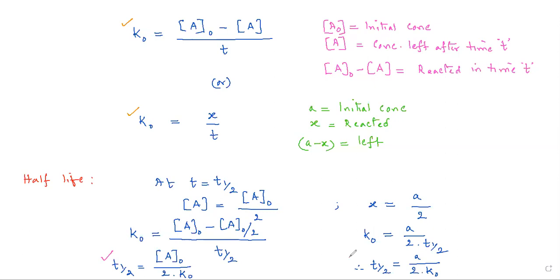So this way, we can give expressions in two different ways. So remember, every time we'll be going for two expressions: one is for the rate constant, the other one is for half-life. Now let me give you examples for the zeroth order reaction.